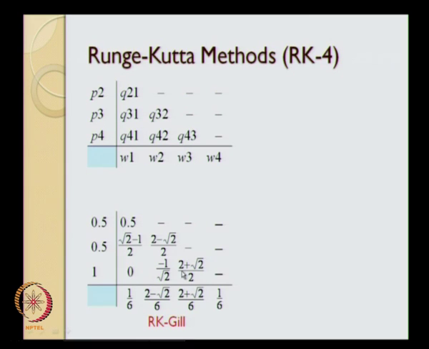So with an objective of minimizing the round off errors, these are the weights that are obtained for the RK-Gill method. Perhaps it is one of the most popular RK4 methods when it comes to non-adaptive RK4 methods.